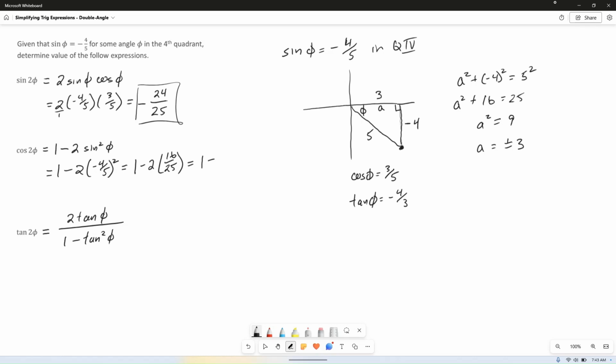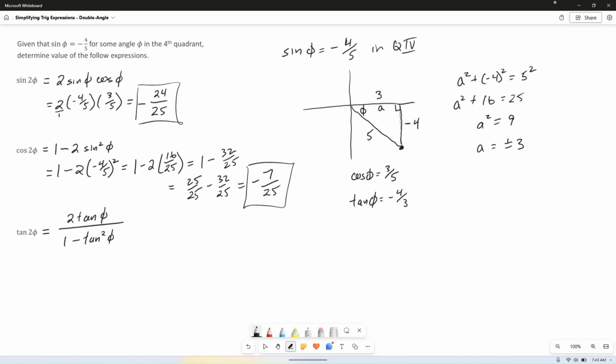So we're going to have 1 minus 32/25. And to simplify that, rewrite the 1 as a 25/25 minus a 32/25. And 25 minus 32 is going to be a negative 7. So negative 7 over 25.